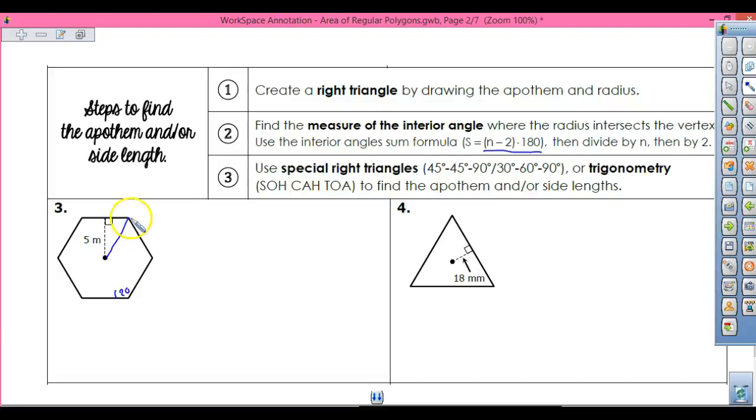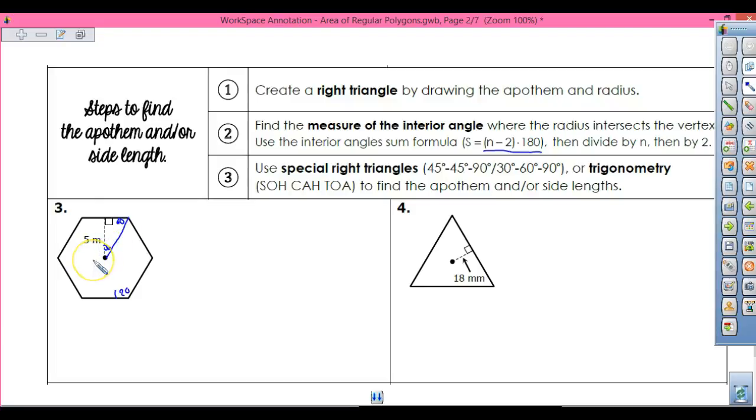If this whole angle is 120, half of it is 60. So what kind of triangle do I have? A 30-60-90. It's a right triangle, with a 30-degree angle, a 60-degree angle, and a 90-degree angle.